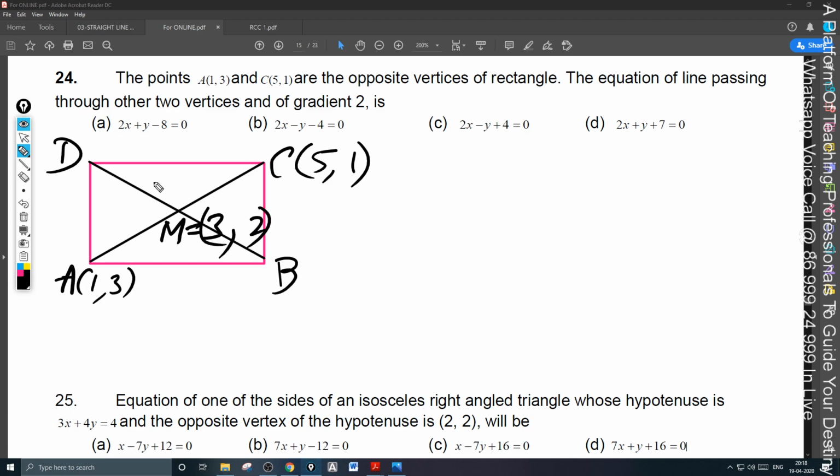What is the gradient? Gradient means slope here, m equal to 2, in short form 2 by 1. The line is 2x minus y is equal to 6 minus 2, 4. So the answer is 2x minus y is equal to 4. Option B.